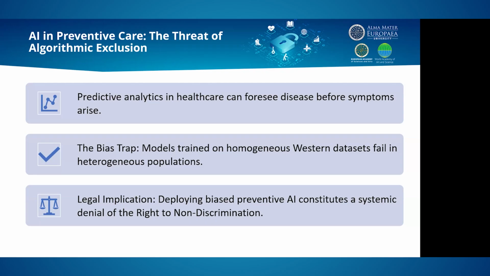If a predictive AI model is trained exclusively on demographic data from, say, Boston and Berlin, unfortunately, it is going to statistically misdiagnose or completely ignore the health risk of a farmer in India. In the eyes of law, deploying an untested biased algorithm isn't a software bug. It is an algorithmic exclusion. It is a systematic denial of the right to non-discrimination.